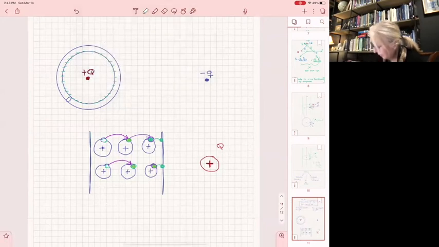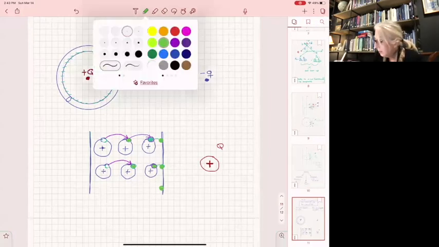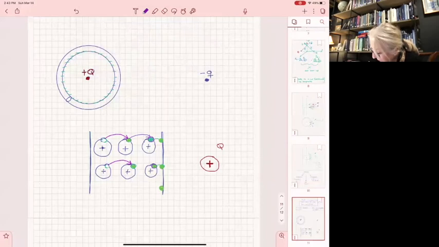Okay. So all of the electrons will go on the front end and they will accumulate there. And all of the holes will be at the back end. So the way we show the holes will be like here. All of these holes would be at the back end of the metal.